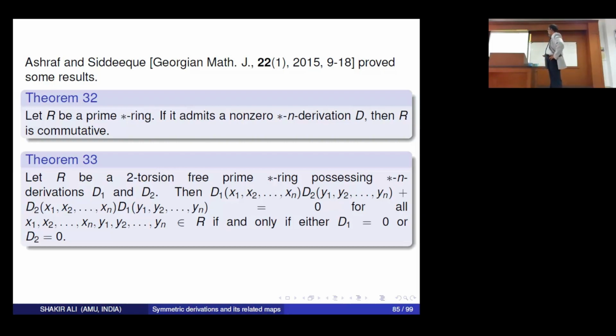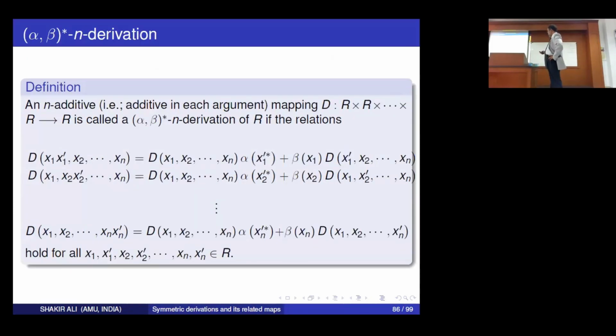Our second one: let R be a 2-torsion-free prime star ring, with star derivations D1 and D2 with this condition. Then either D1 is 0 or D2 is 0. If D1 and D2 commute with this definition and the map is 0, then one of them must be 0.